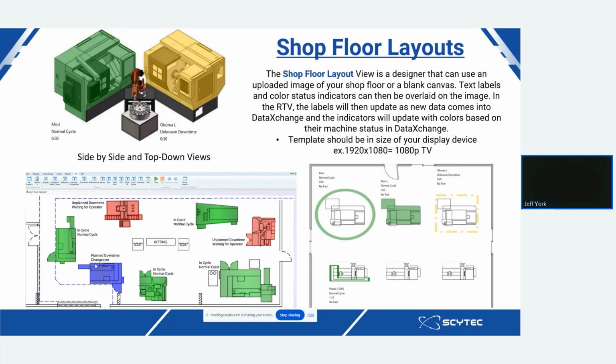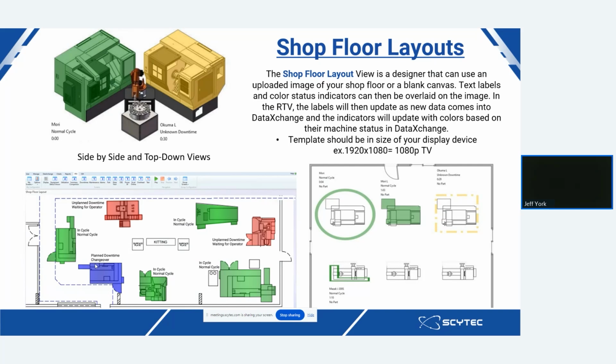So going counterclockwise, you can see that image up at the top of the two machines. There's a Mori and an Akuma with a color overlaid on them. That color represents the current machine status that the machine is in. So that Mori machine has been in a normal cycle. It just started. And that Akuma has been in an unknown downtime for about a half hour.